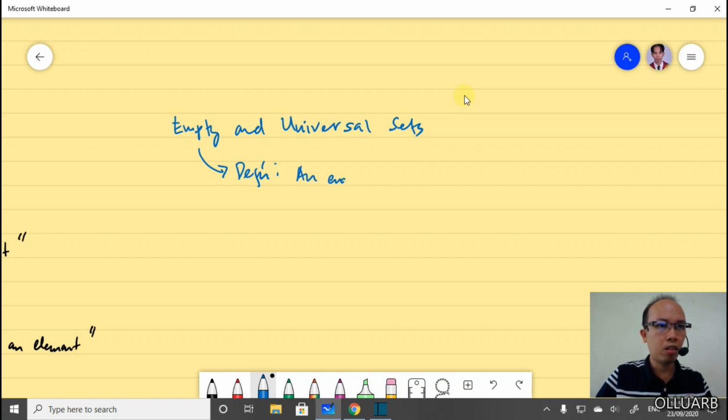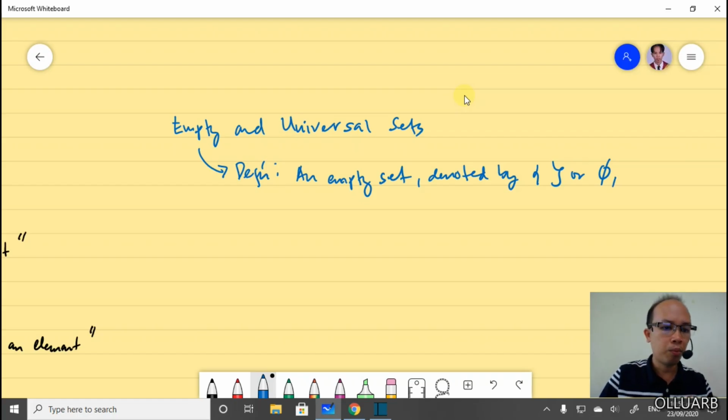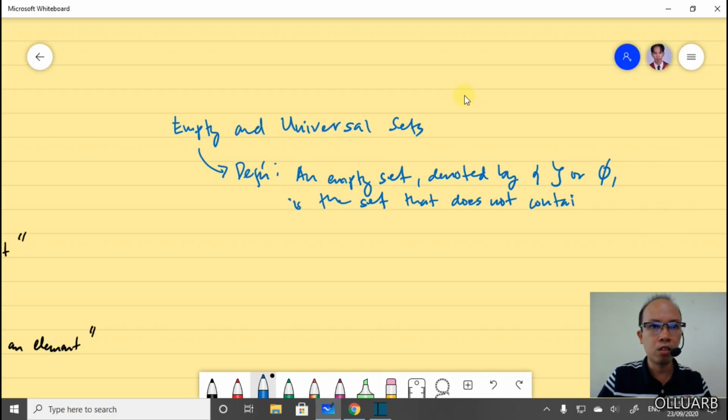An empty set, denoted by this symbol or this symbol, is the set that does not contain any element or elements.